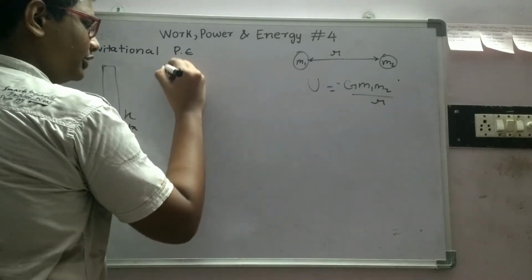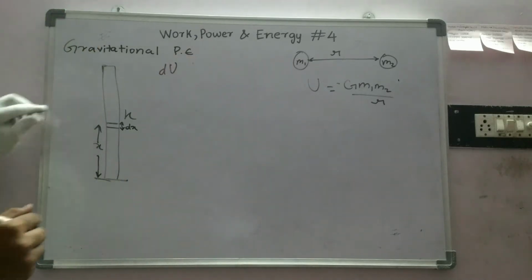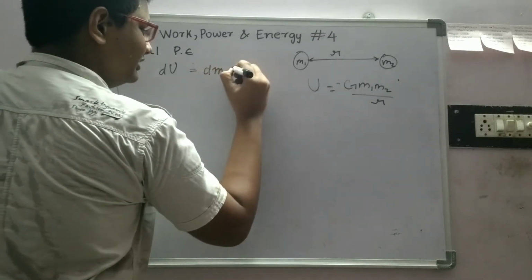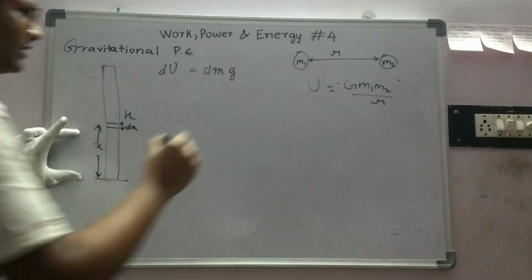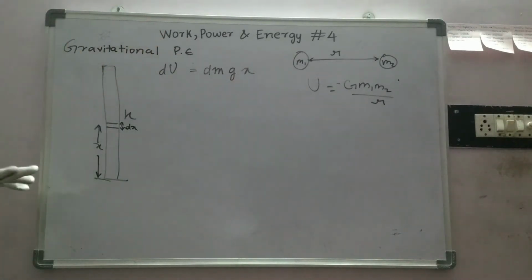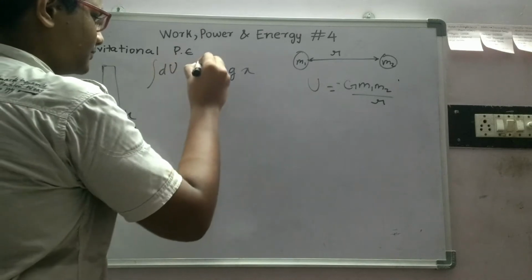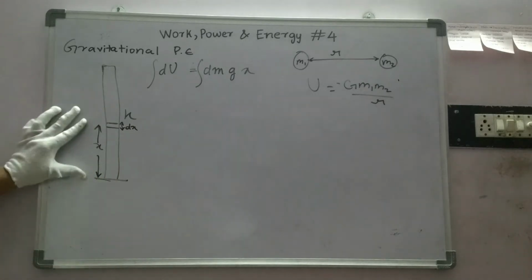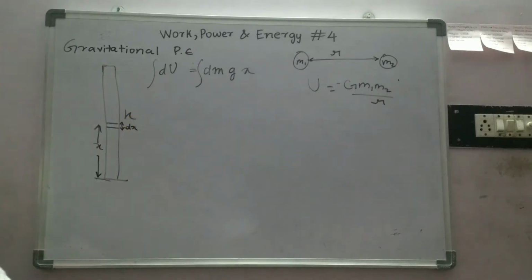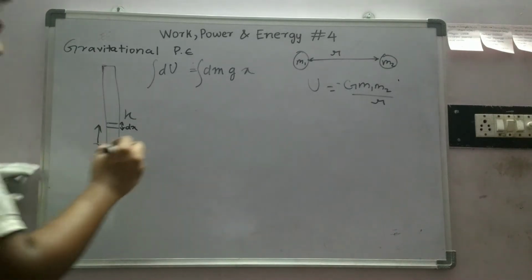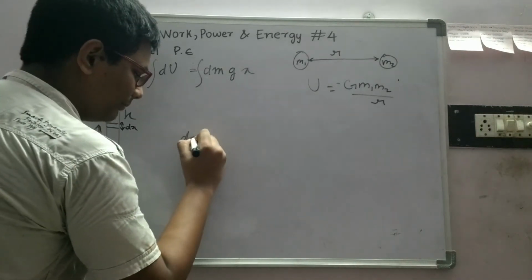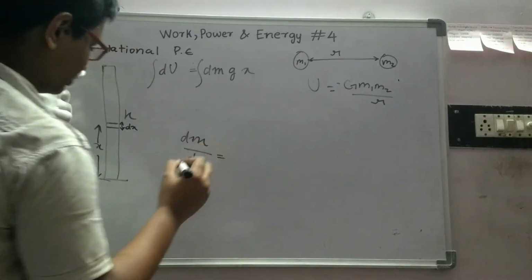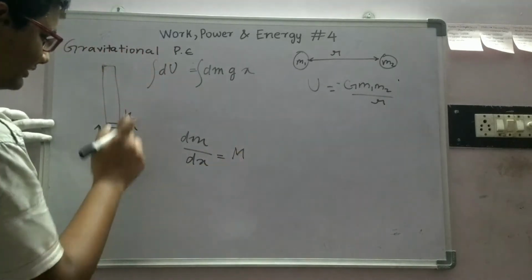Now, dU, small potential energy of this particle is nothing but dm times g times h, what is h? x here. Got it? Now, integrating it. Here x is variable, but we got it in dm form. We know that this chain is uniform, has same m by l value. So dm by dx is equal to total mass over total length. Total mass is m, total length is h, right?